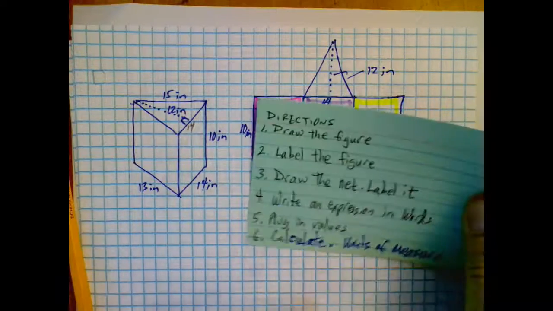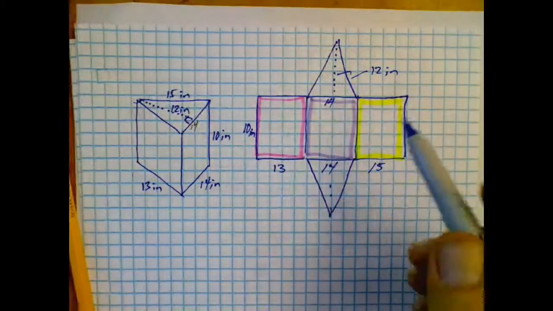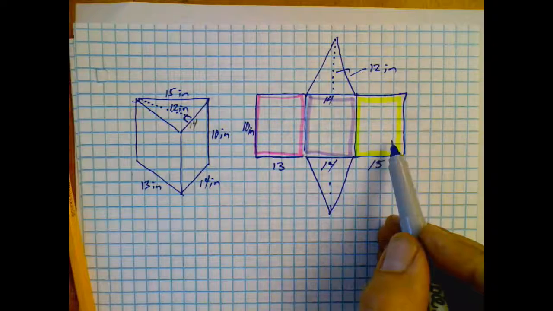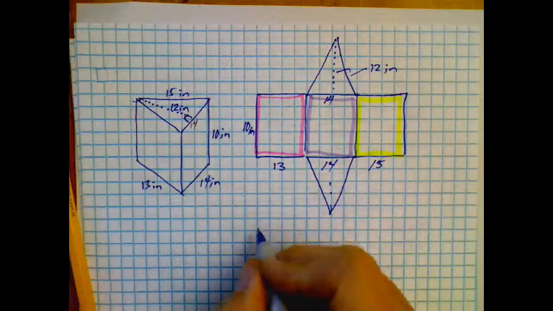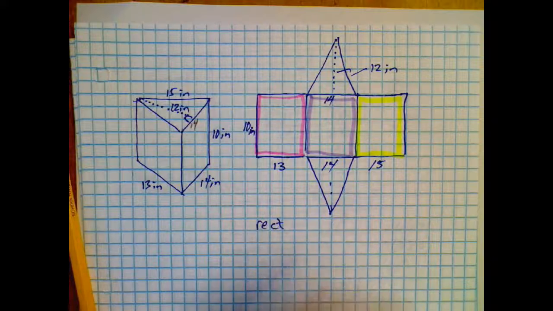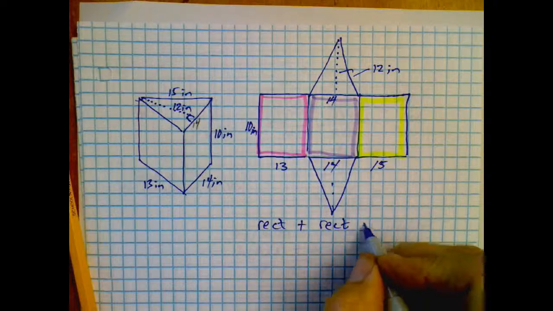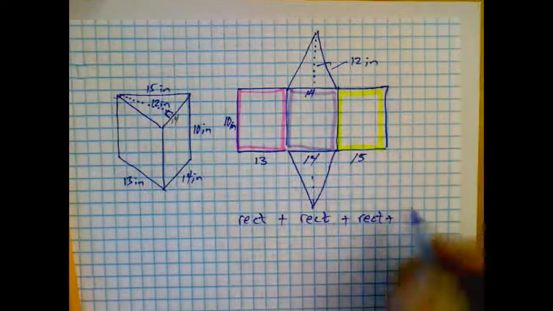So from here, I want to write an expression in words that captures all this. If I look, I have a rectangle, and a rectangle, and they're all different. And then I have two triangles, but the triangles are the same. So I have a rectangle plus a rectangle, R-E-C-T, I'll just abbreviate here, plus another rectangle, and plus two triangles.